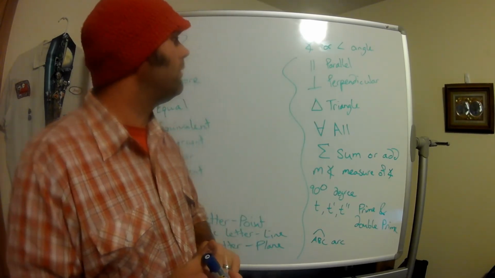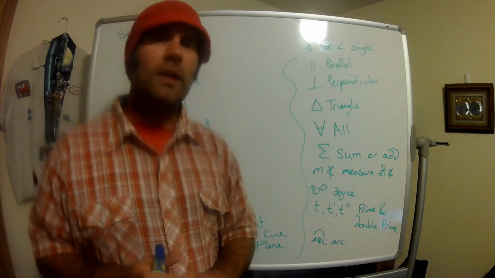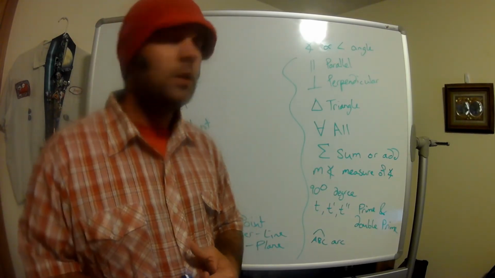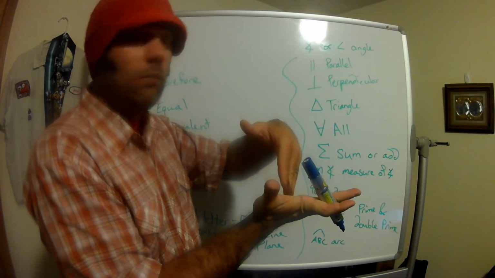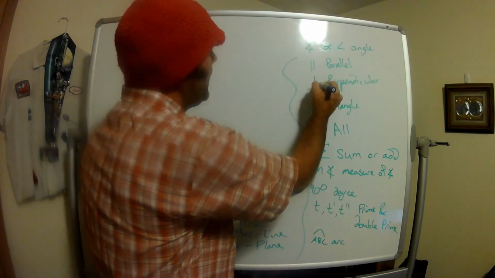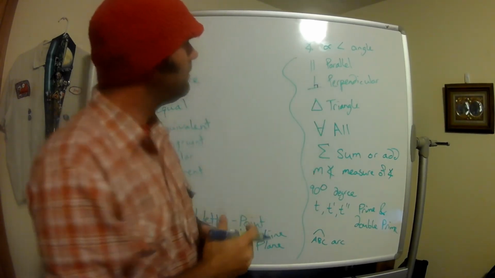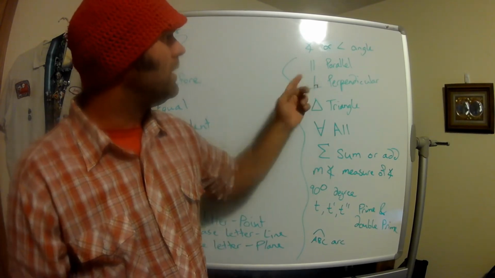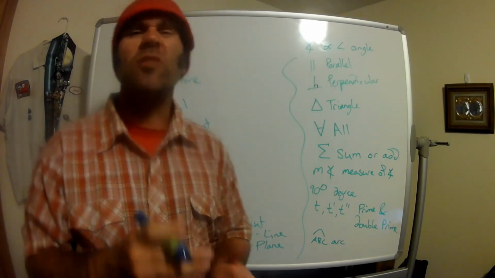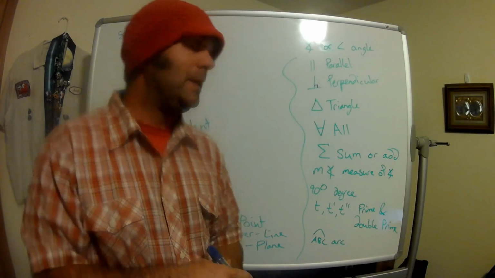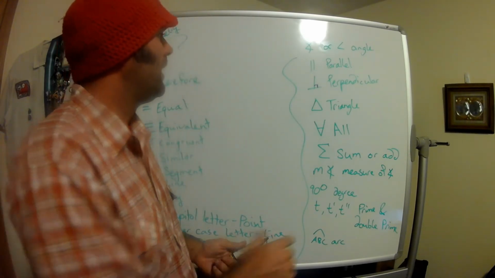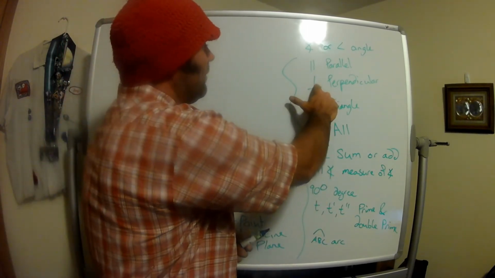It's a symbol for parallel. If two lines are perpendicular, meaning that they form a 90-degree angle, this here would be a 90-degree angle. That would be identifying perpendicular. So it's an upside down capital T. If you want to think of it that way, that is the symbol for perpendicular.